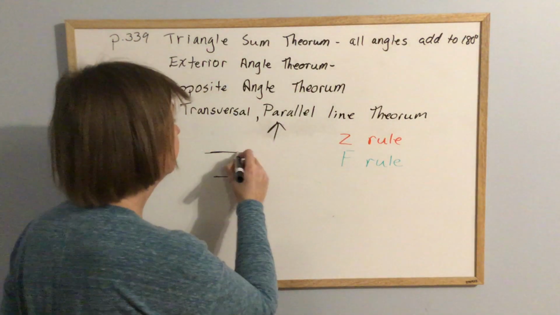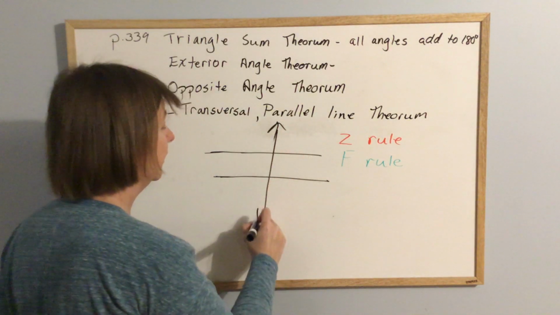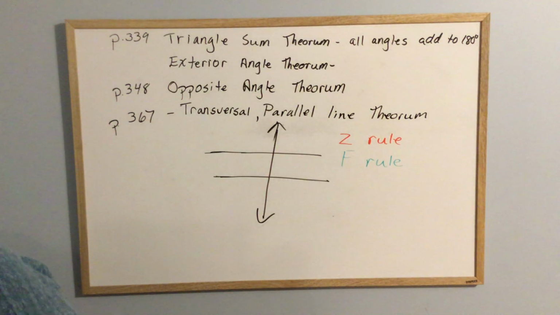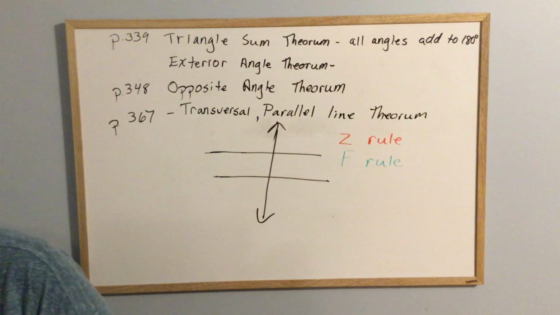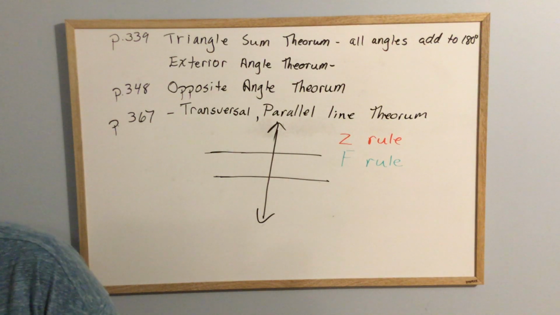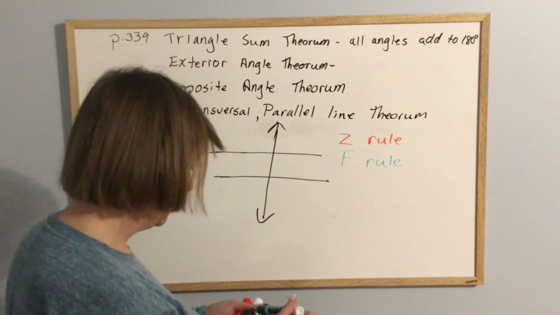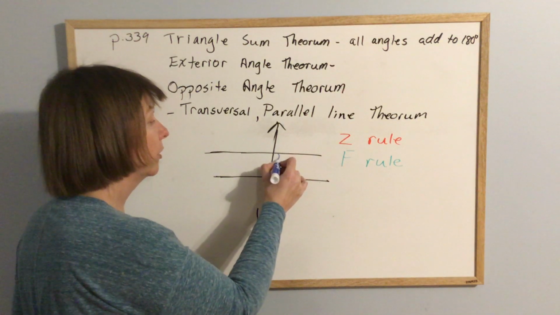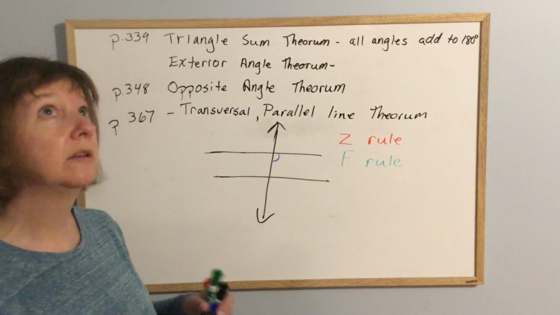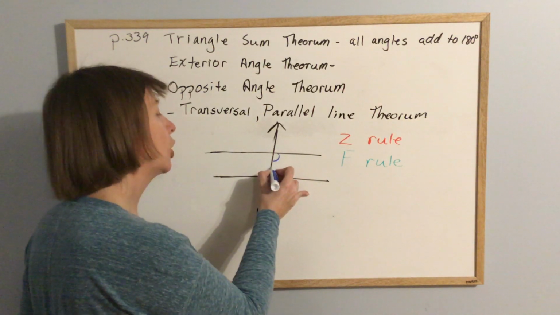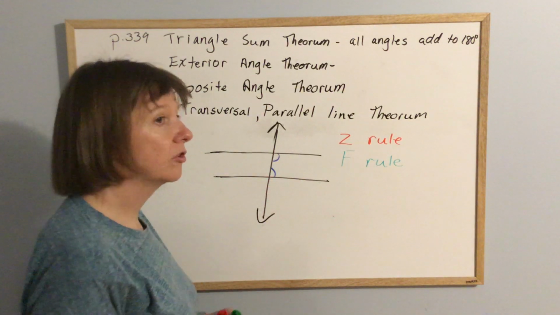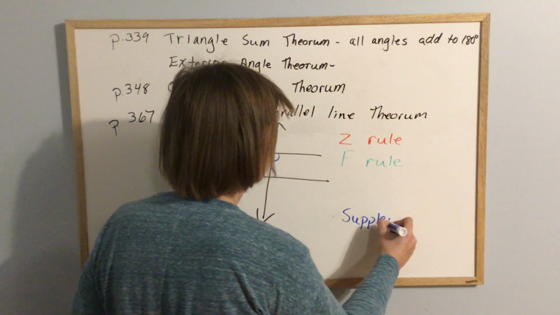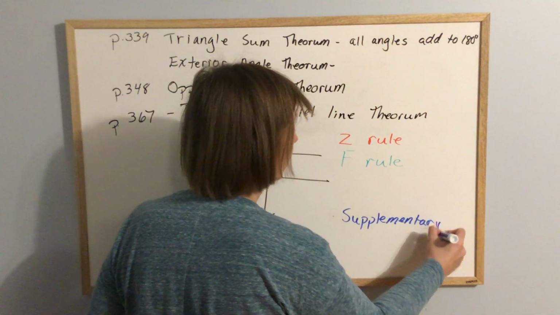So the next one, still transversal parallel line theorem. This one says that co-interior angles on the same side of a transversal are supplementary. So blue. What that means, co-interior angles, fancy words, co-interior angles are supplementary. The word supplementary, you're going to hear that a lot in geometry.